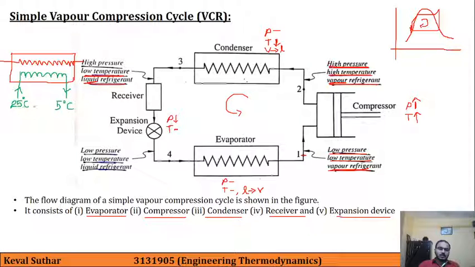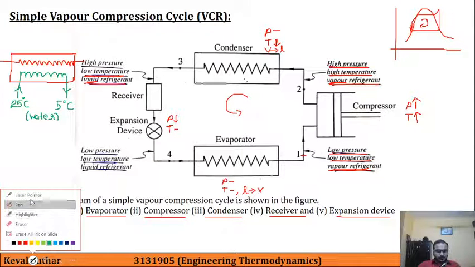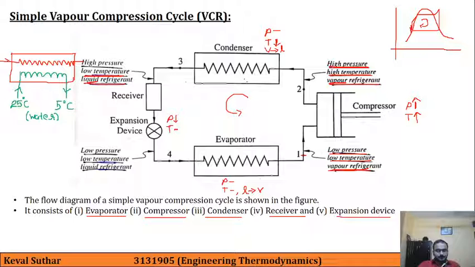Now to reduce the temperature in this way, it is required that water should give up its heat. Let me write down here, this is for water. And we are discussing the evaporator part right now. So what happens is that the liquid refrigerant is entering here at low pressure and low temperature, and it is converted into vapor.